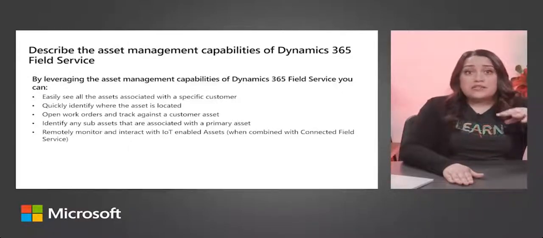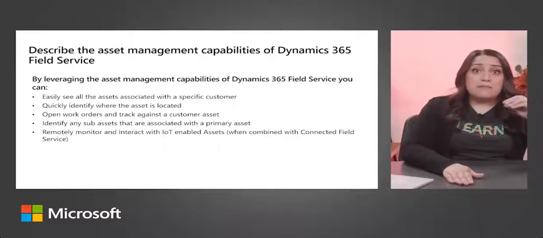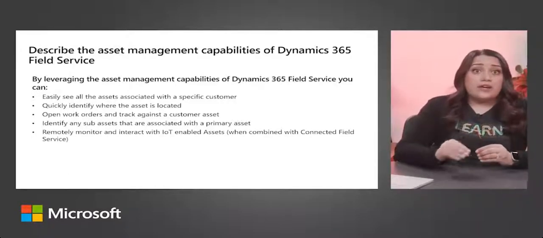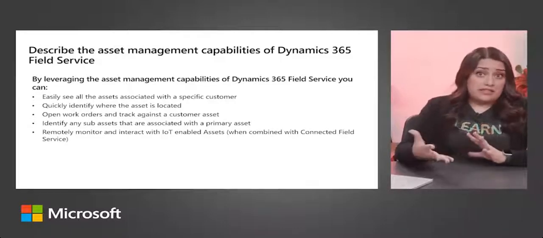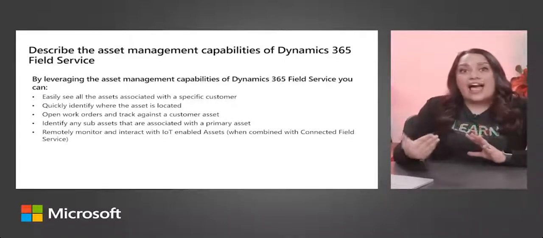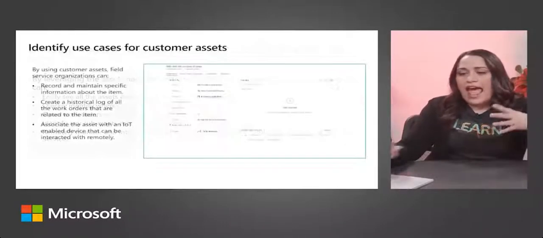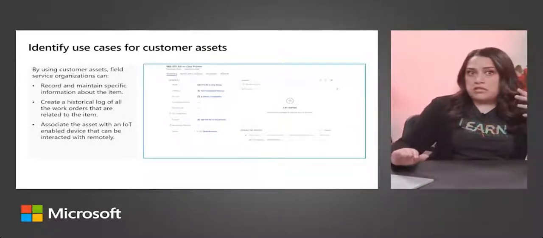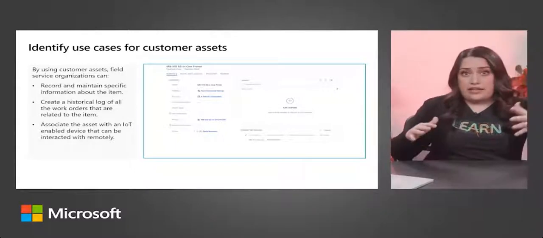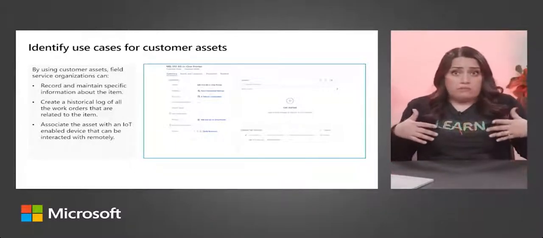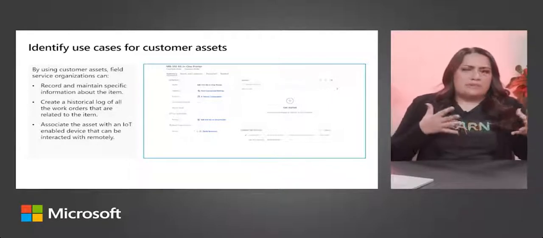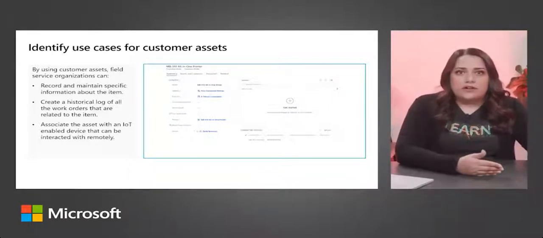Well, Dynamics 365 has an asset management feature inside of Field Service that can help you when it comes to managing your equipment. In this case, this is what we call your assets. And an asset can be anything from a large piece of manufacturing equipment, technology, an appliance like an air conditioner. Really, an asset is going to start as a product that's stored in a warehouse.